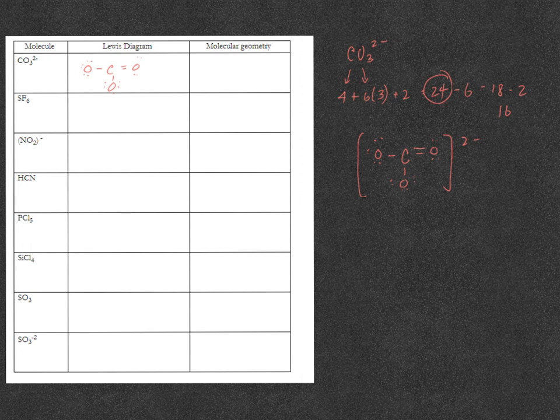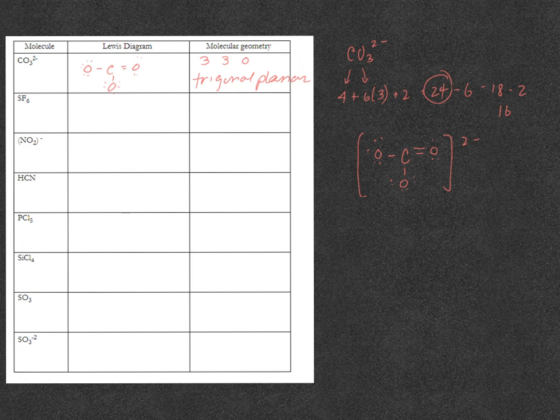So I have 1, 2, 3 total things coming off. All 3 of them are bonds, 0 lone pairs on the carbon. This is trigonal planar, so it's a flat triangle.